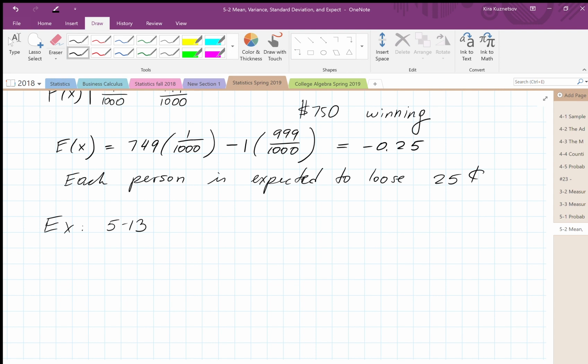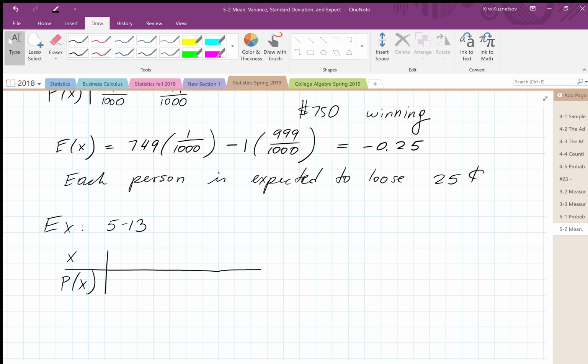If the cards are mixed up and one card is selected at random, find the expected value of the card. So, in order for me to construct a probability distribution, I need to assign a value to each X.